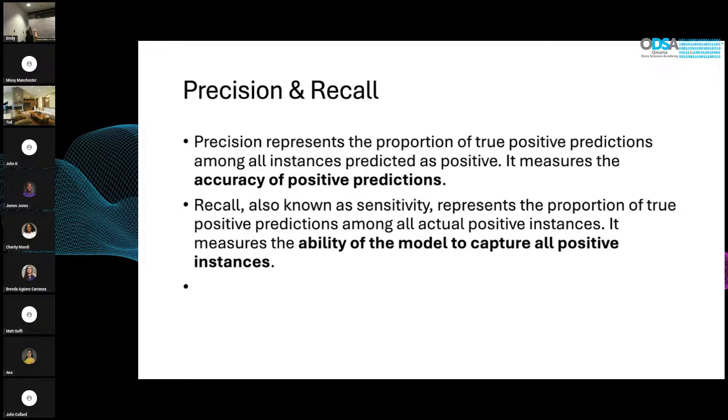Our accuracy is 99%, but our precision is in fact 0, because precision is the accuracy of positive predictions, and since we have no positive predictions, there's no precision. And our recall in this situation is also 0 because we didn't capture any positive positions, but imagine a situation where maybe we did make one correct there.